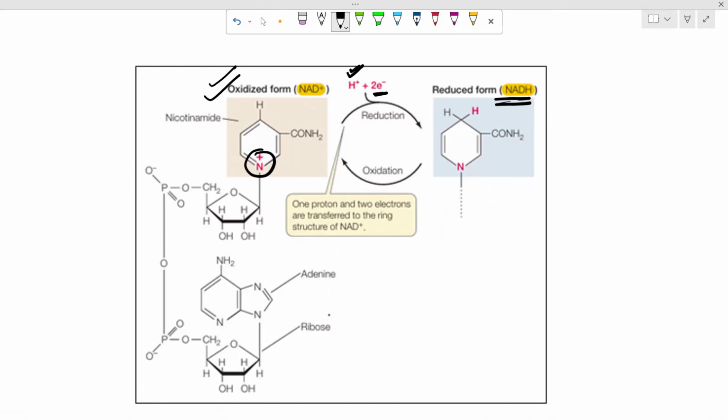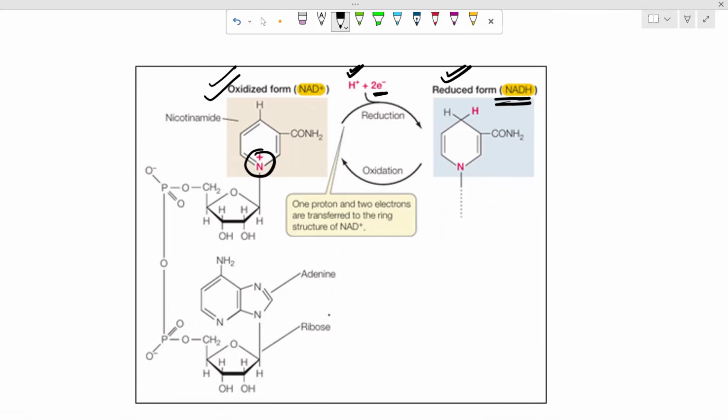So please remember carefully that NAD plus is an oxidizing agent because it accepts electrons. NADH is the reduced form of NAD, which donates electrons to complex 1.